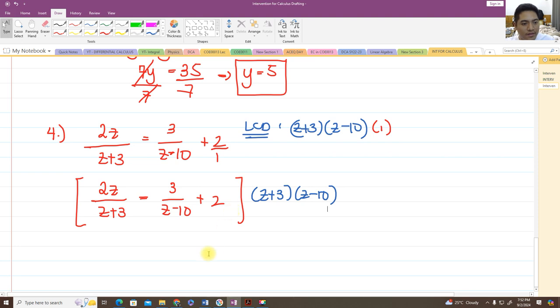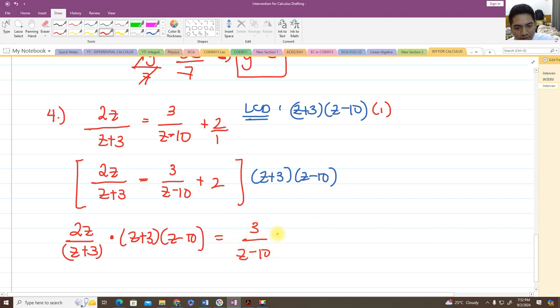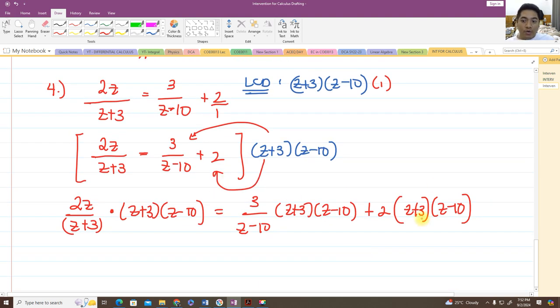So you do that. You have 2z all over (z plus 3), times (z plus 3)(z minus 10), equals 3 all over (z minus 10), times (z plus 3)(z minus 10), plus 2 times (z plus 3) and then (z minus 10). Of course, this is distributive, so if we multiply this, we have (z plus 3) multiplied by 2 also and (z minus 10).